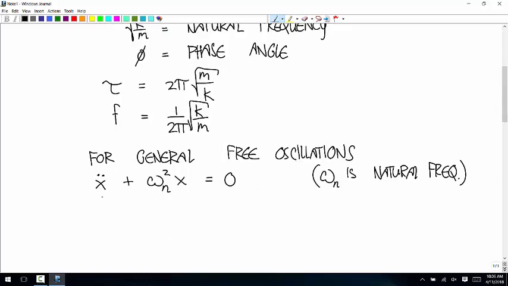And the solution has the form x of t is equal to the amplitude times the sine of the quantity omega n t plus phi.